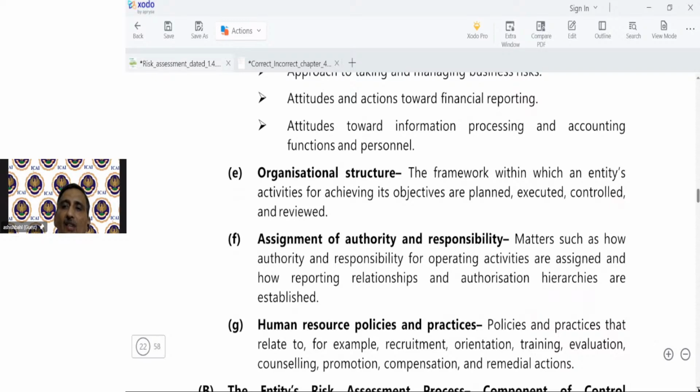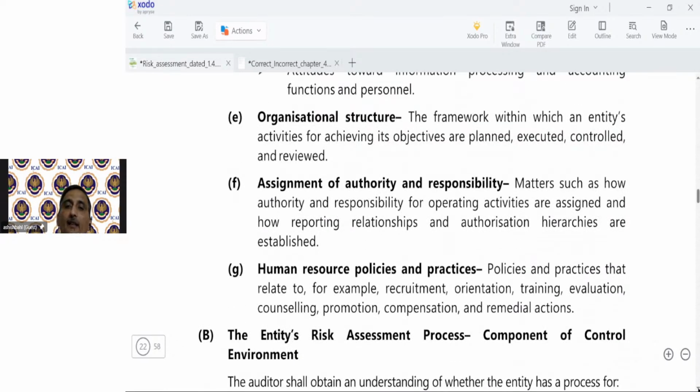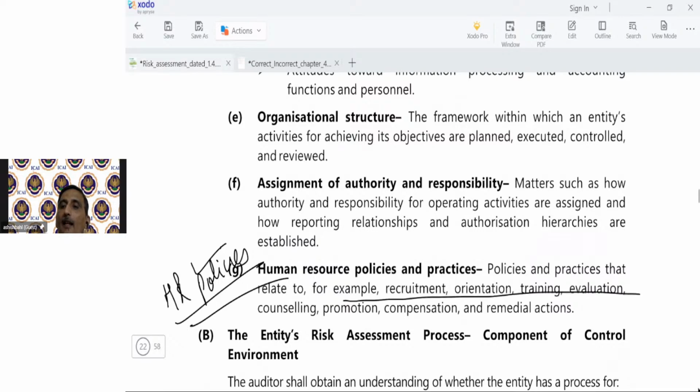Organizational structure: whether it is hierarchical or team based, how responsibilities are delegated. Then human resource policies and practices. This is also very important. HR policies, like policies relating to training, compensation, evaluation.